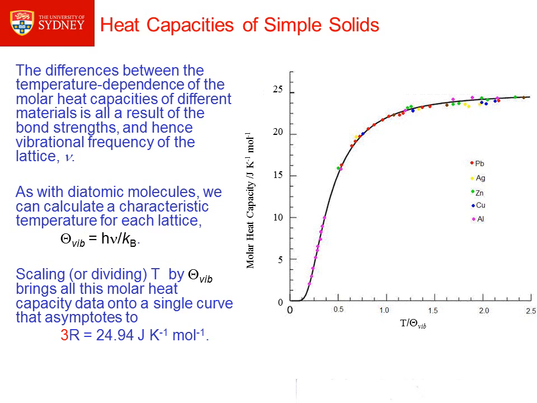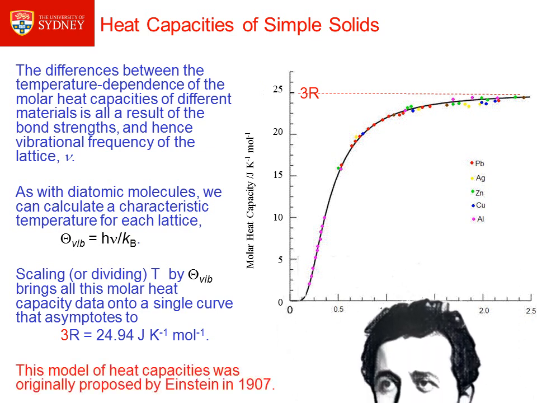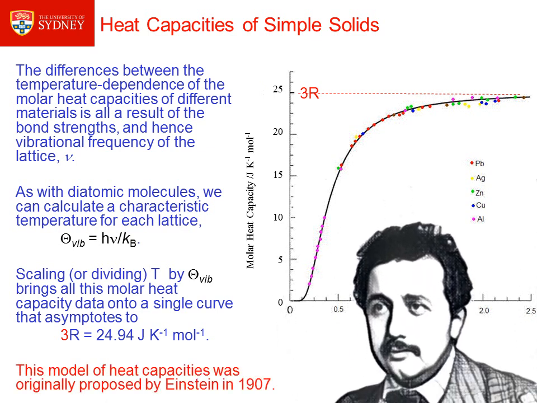If we scale or divide the temperature by the characteristic temperature on the x-axis, this brings all the molar heat capacity data onto a single curve that asymptotes to 3R equals 24.94 joules per Kelvin per mole. This model was originally proposed by Einstein in 1907.